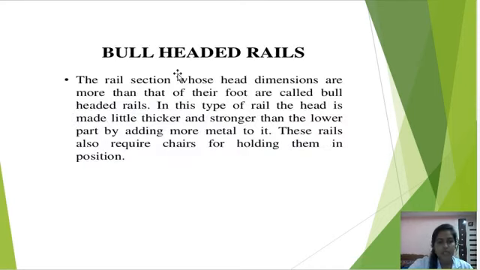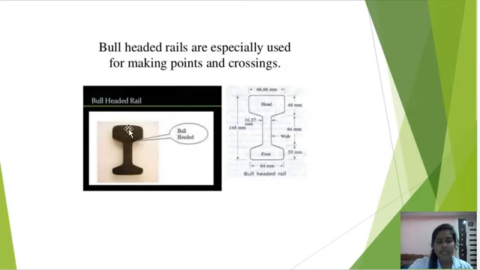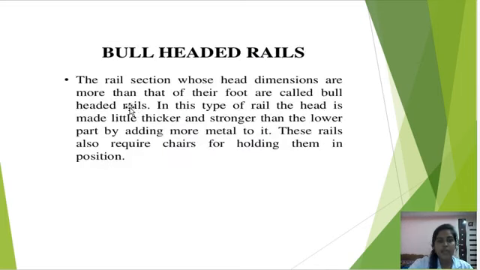So next thing is bull-headed rails. In bull-headed rails, the top portion is a little thicker than the bottom portion. So the head is thicker than the foot portion. Head dimension being more than the foot is called bull-headed rails. In double-headed rails, the head and foot are the same, but in bull-headed rails, the head dimensions are more than the foot.